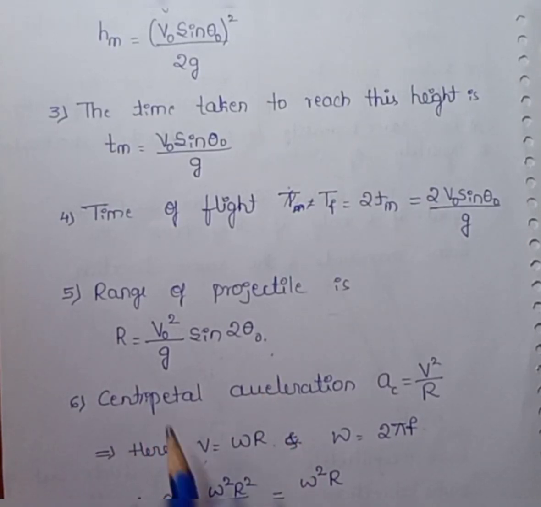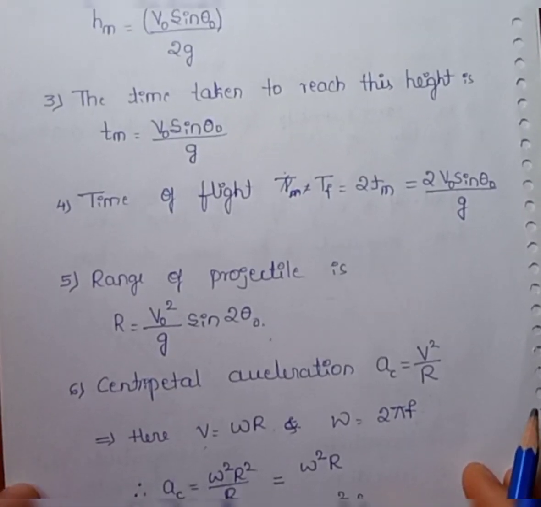Next formula, centripetal acceleration. We know the derivation we already derived, that gives ac equals v square by R. Here v is linear velocity. We can write it in terms of angular velocity as omega into R. Omega, the angular velocity, can be written as 2 pi f, where f is the frequency.